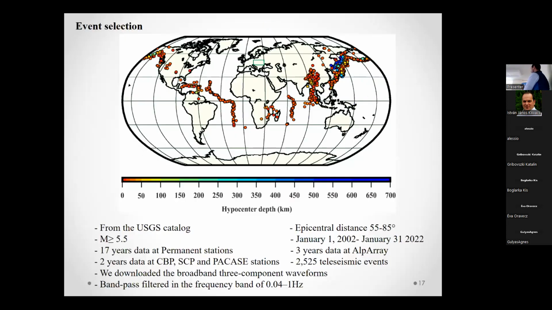And in this case, we also used the teleseismic earthquakes. And of course, we need a smaller epicentral distance range and a little bit lower frequency. In this case, we downloaded the same waveform quantity, but the quality was different.